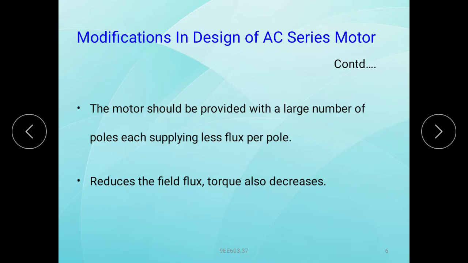Due to less flux per pole, it reduces the field flux, then immediately the torque also decreases.